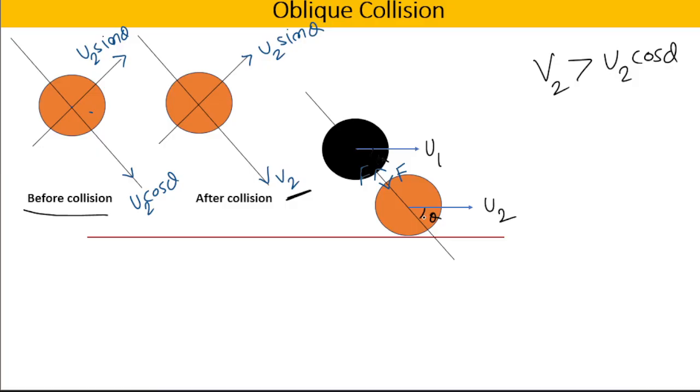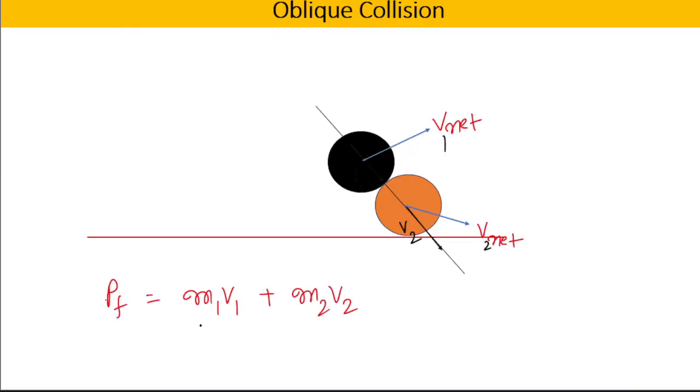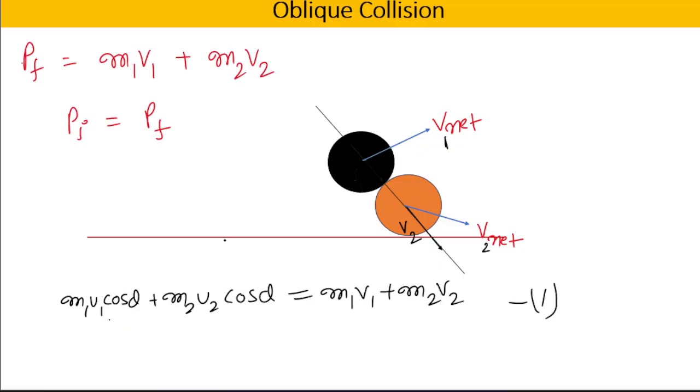Because on B, force is acting in the direction of initial velocity. Okay, done. So this is this, and along the y-axis the velocity is not going to change. Done. So what will be the final momentum of the system along the line of impact? That is m1 v1 plus m2 v2. Okay, so if you want to do momentum conservation, what will you write?